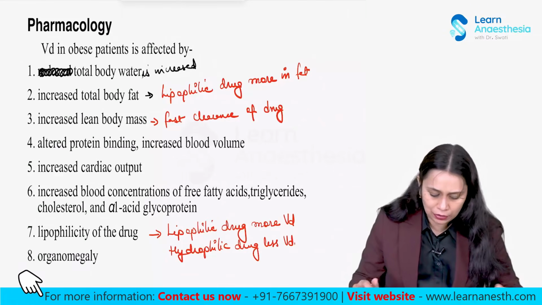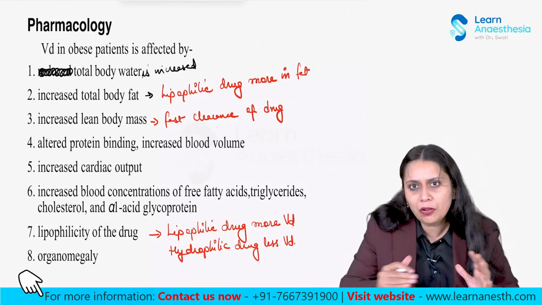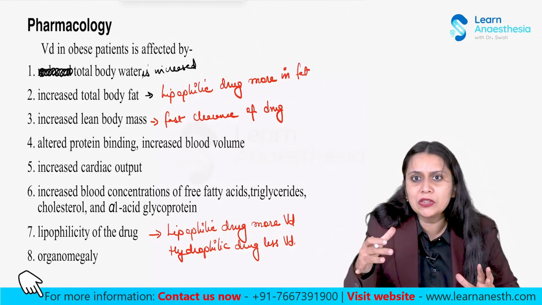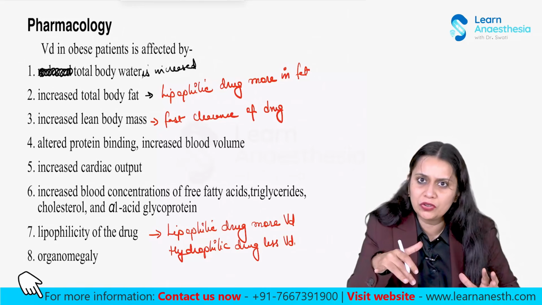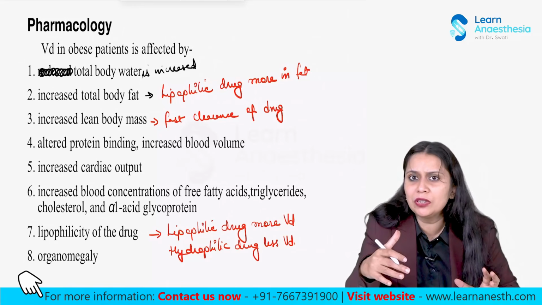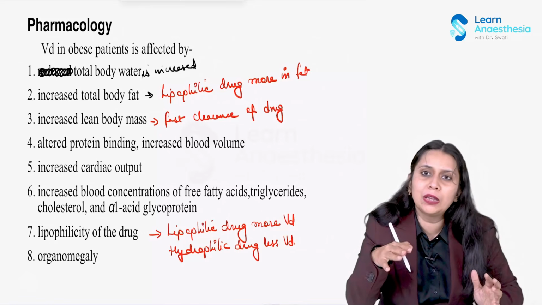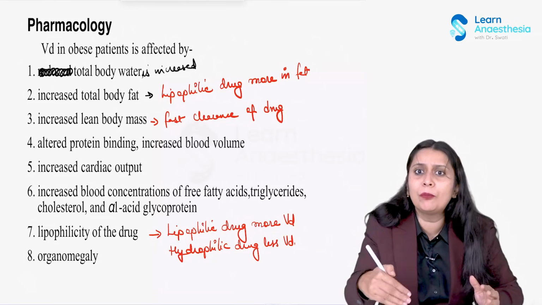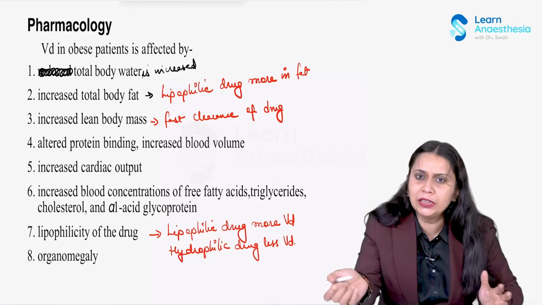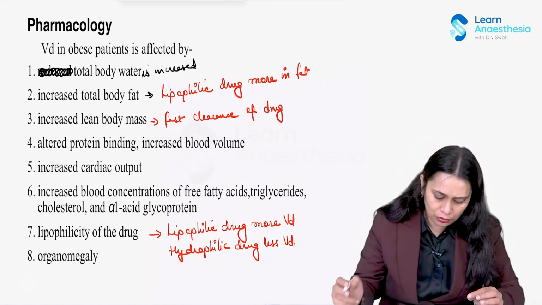Okay. Now, apart from the changes in physiology, the metabolism of drugs in obese patients also changes, and we need to know how to do the proper dosing of our anesthetic agents in obese patients, right?